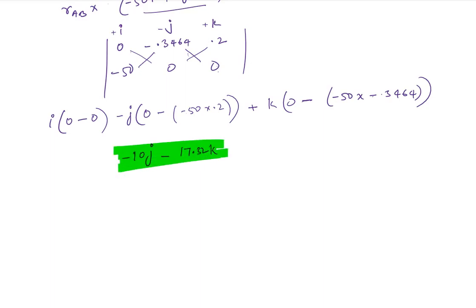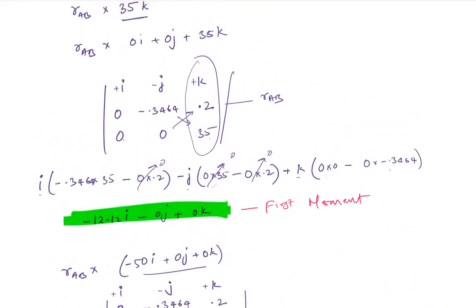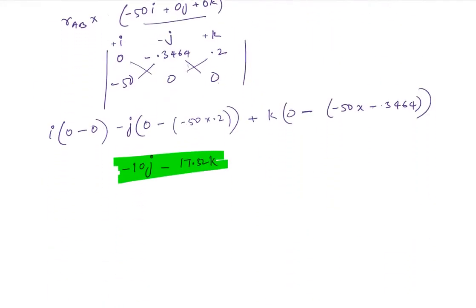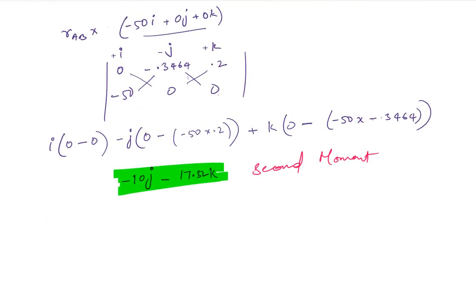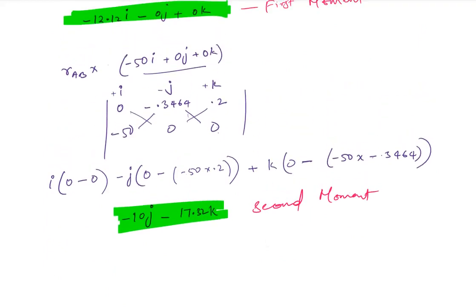So this is our second moment. We call this the first moment, and this the second moment. All the moments will add together. All these moments in ijk can be added to this moment in ijk. Let's add the i's together.